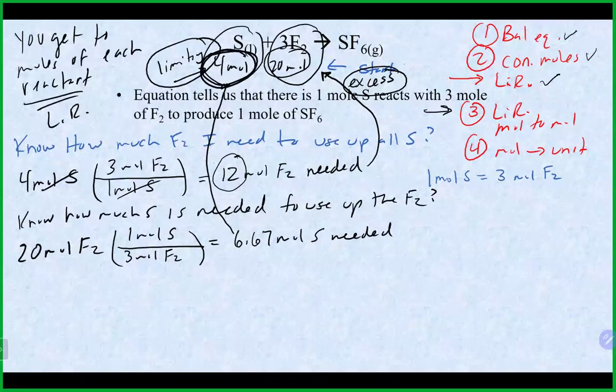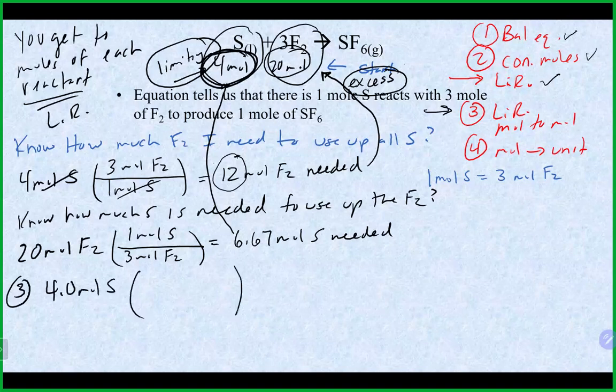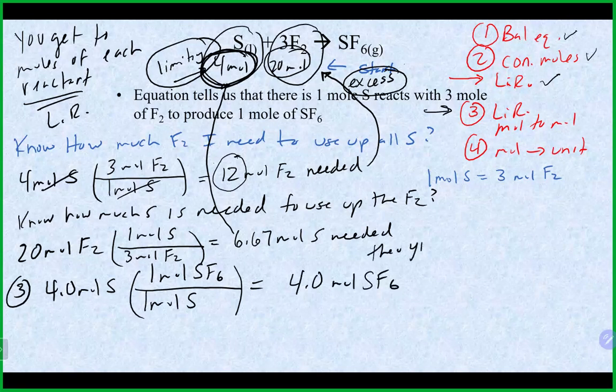And that's what you would then do: you would take your 4 moles of sulfur and now you could actually figure out how much product you would form. 1 mole of sulfur will give you 1 mole of SF6. And that would tell you in this case you would form 4 moles of SF6. That would be your theoretical yield in moles.